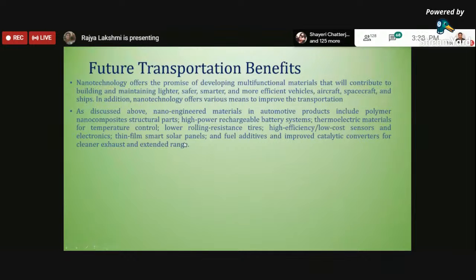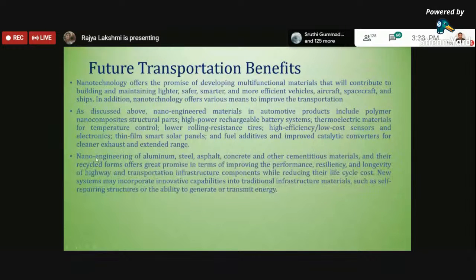With respect to the body parts of the particular vehicle, what material is used and how is it resistive towards environmental impact, so that it will be protected from all kinds of effects when it is traveling. That is why you have to think about material structure even from the safety point of view, smartness, and also more efficient vehicles.